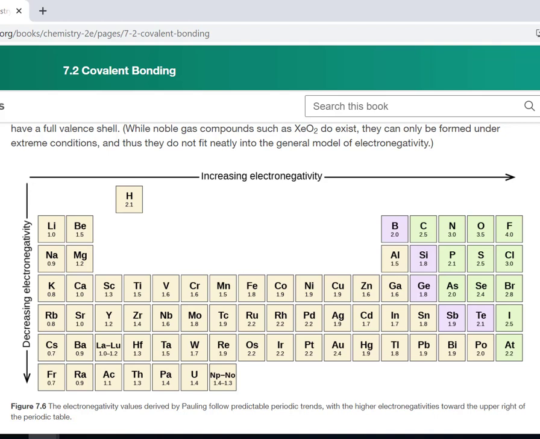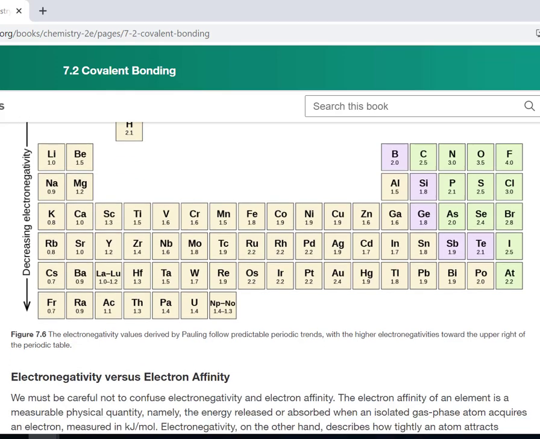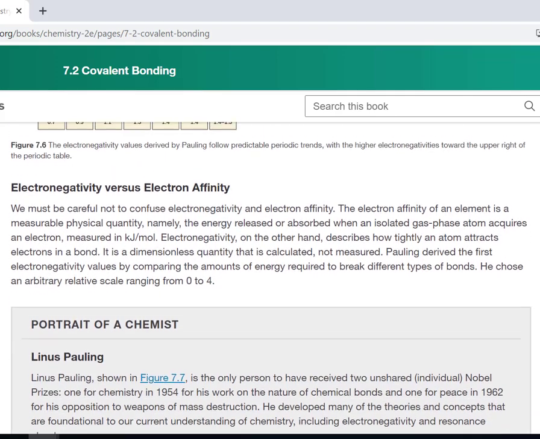As you move away from fluorine, so as you move down and to the left, that amount gets lesser. Again, you don't need to memorize these numbers, but do understand the general trend in terms of where it is the highest and where it is the lowest, and also be able to do some calculations with these, as we'll see in a moment.